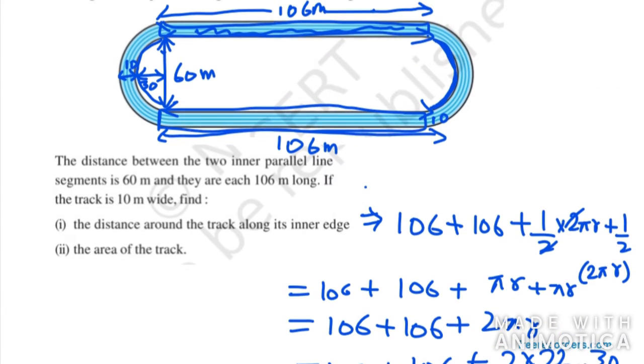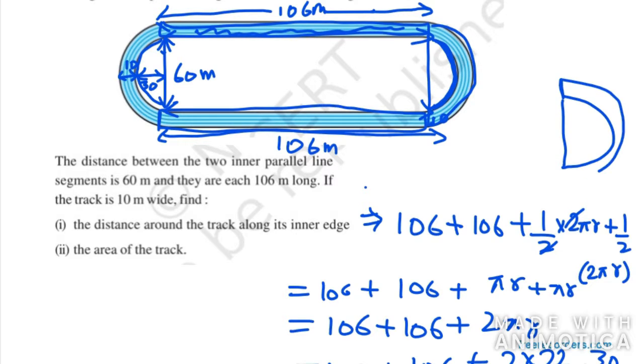Now as you can see that we have two semicircles here, this and this. So we need to subtract. I would be considering this part. I would be redrawing it. So we need to find the area of this part. How to find?